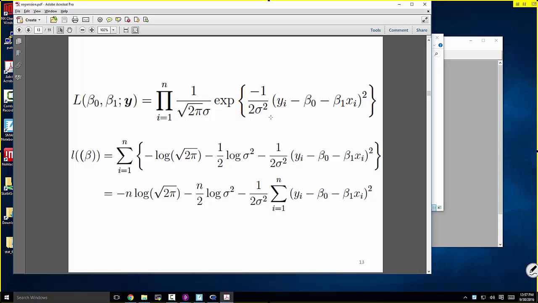What follows is just a little bit of algebra and differentiation to show you how we can go about getting estimates. If we write down a likelihood, that means what you're going to do is maximum likelihood based inference.